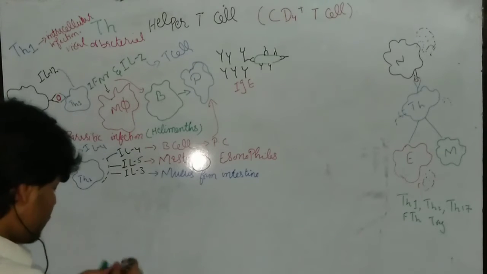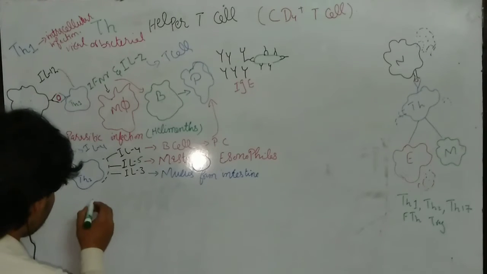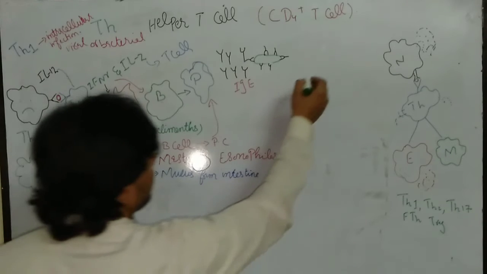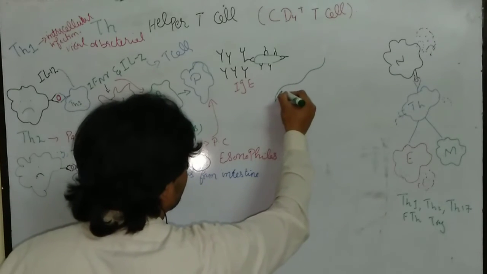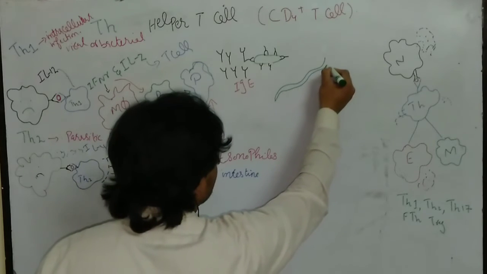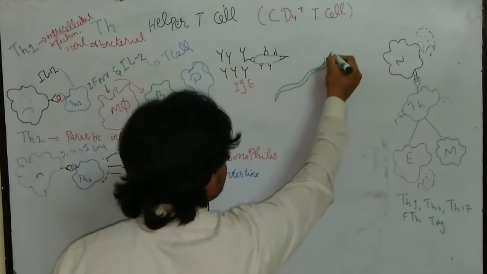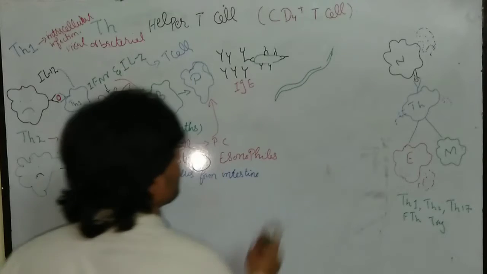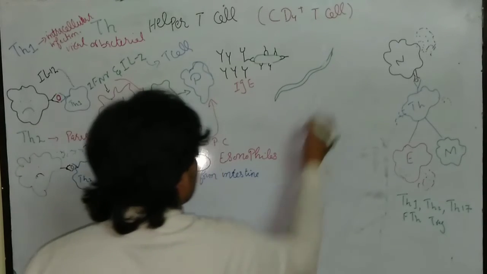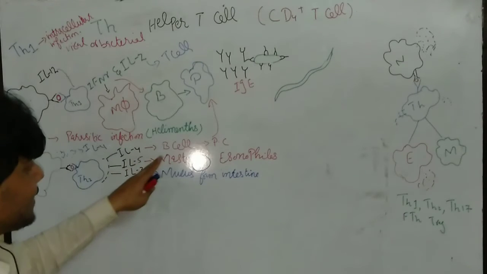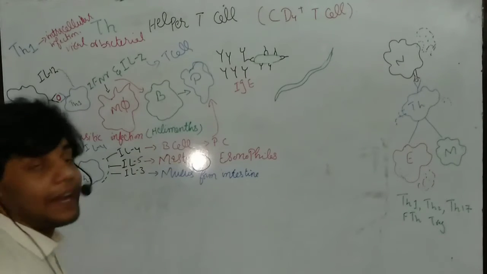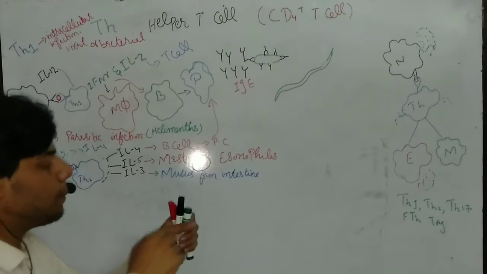Let's suppose this is the parasitic worm, as you can see, let me draw it here. As I said, interleukin 4 is secreted, due to which IgE antibody will be secreted by the plasma cell.